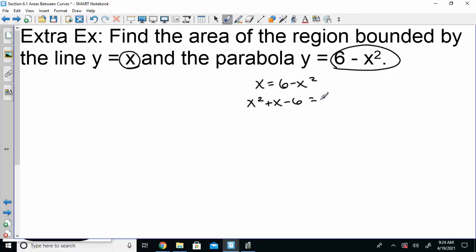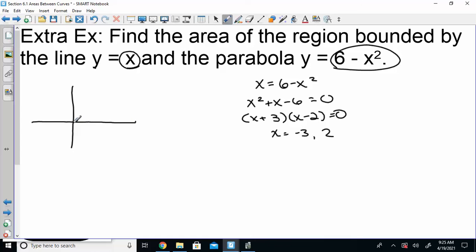So quadratic, set it equal to 0, so that would factor into x plus 3 and x minus 2. So we get negative 3 and positive 2. I do want a rough sketch here. If you put in negative 3 on your line, you're going to get negative 3, 2, 2.